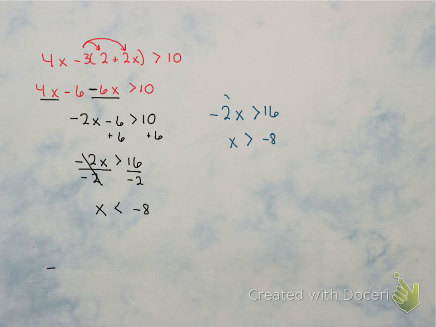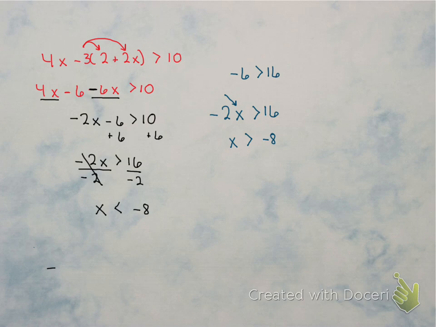If we put a 3 in here, we get that negative 2 times 3 is negative 6. Is negative 6 greater than 16? No, it's not. That's why we need to change the way that the inequality symbol is facing.